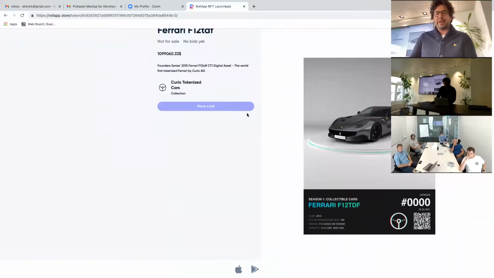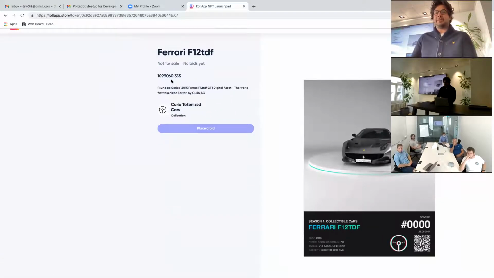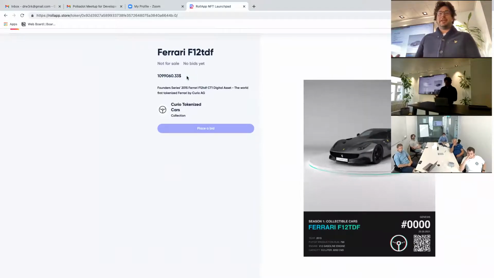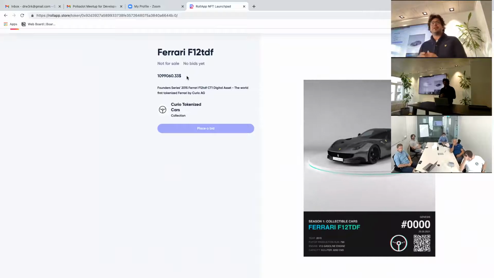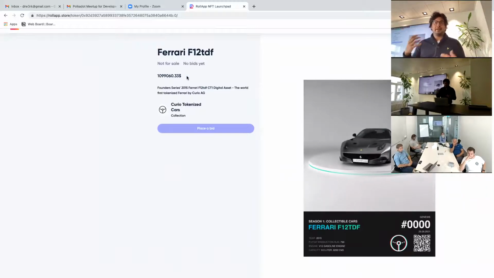What's quite unique about this NFT is that it has a real-time valuation. So there's lots of logic behind the scenes. This NFT is connected with Chainlink Oracle. This makes it particularly unique because for the first time, you have a real-time value for a real-world asset, and therefore you can tap into liquidity.